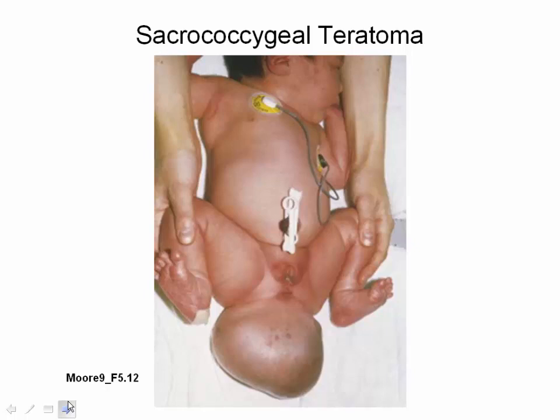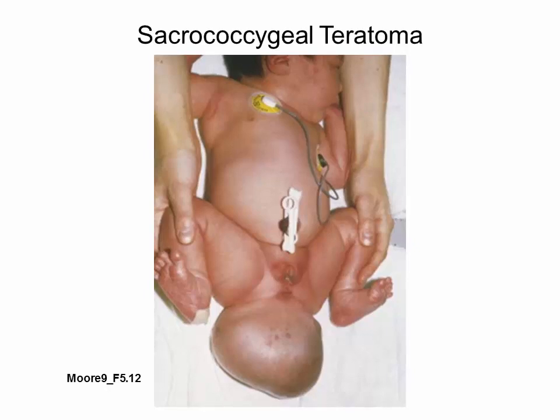Because of this, they often contain bizarre mixtures of many different tissue types, such as cartilage, muscle, fat, hair, and/or glandular tissues. A sacrococcygeal teratoma is the most common tumor in newborns, occurring with a frequency of 1 in 37,000 births. This concludes week 3 of our lecture series.